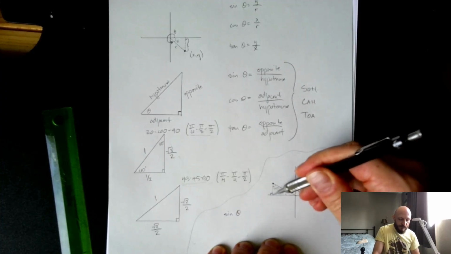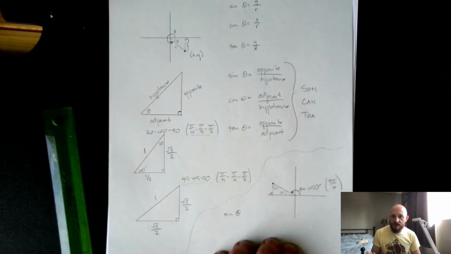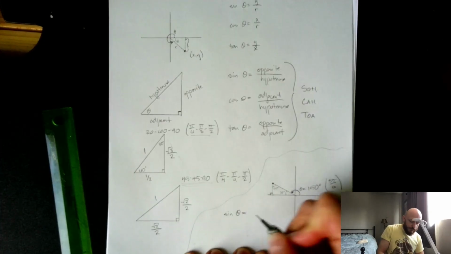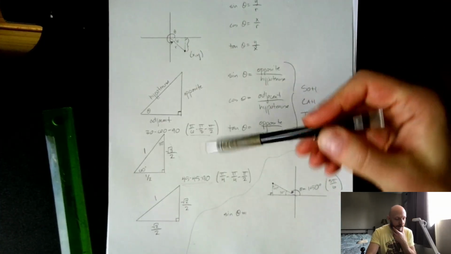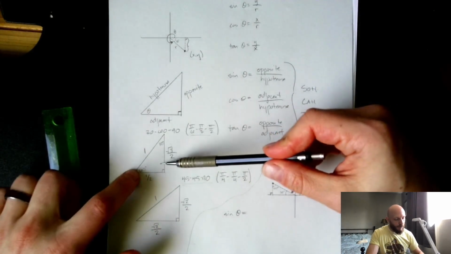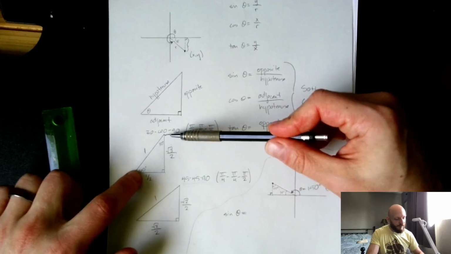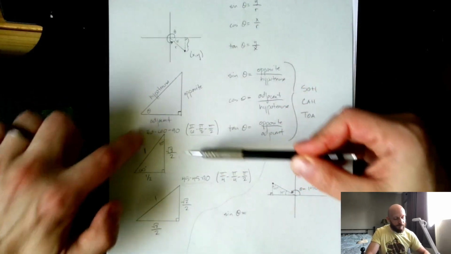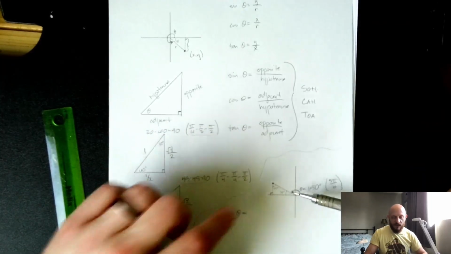So this is a 30, 60, 90 triangle. So the side lengths are given by our special 30, 60, 90 triangle. It's oriented differently than this one. If you were to take this and rotate it clockwise, then you get this triangle right here, 30, 60, 90.